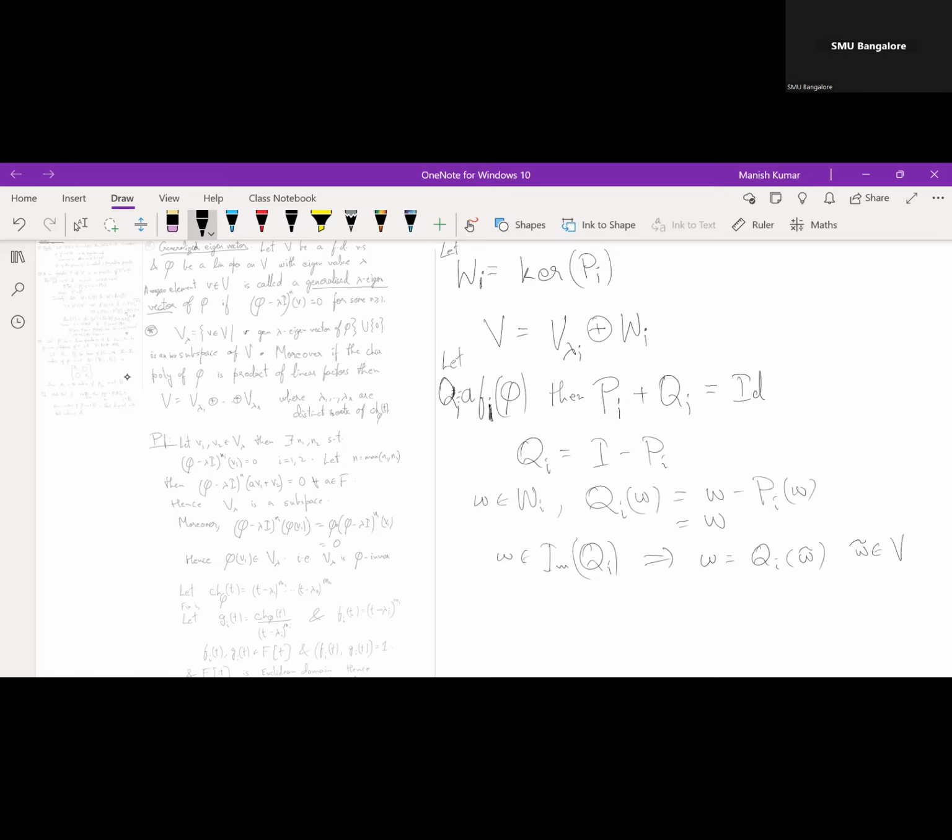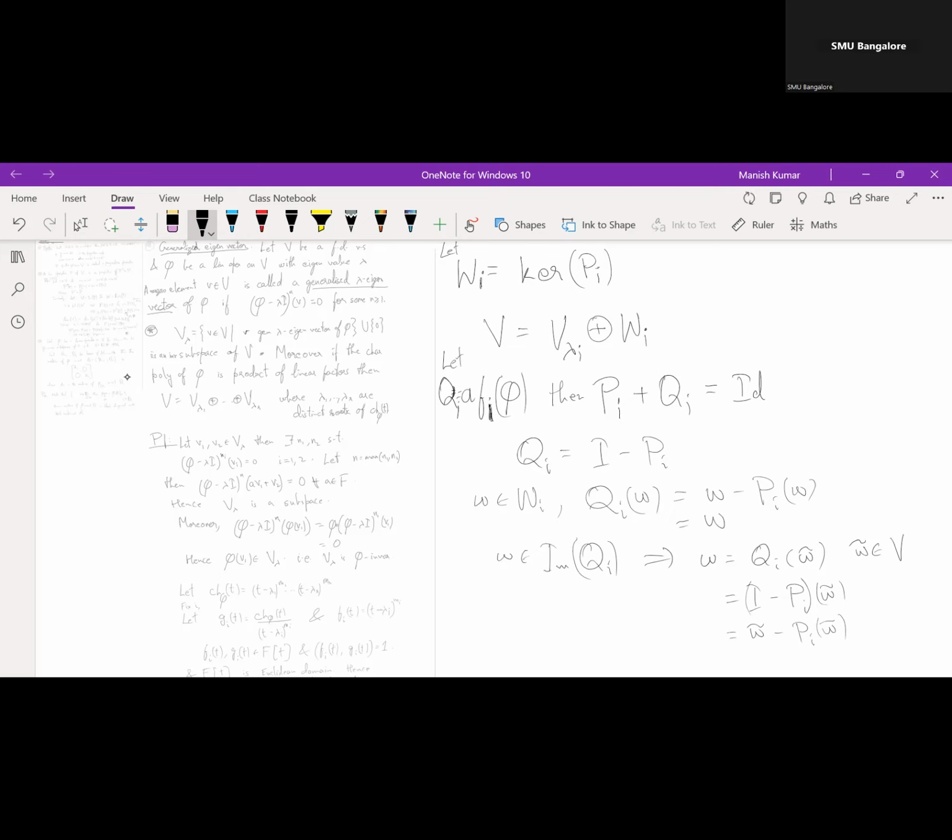So we get this is identity minus pi of w tilde. So this is w tilde minus pi of w tilde.